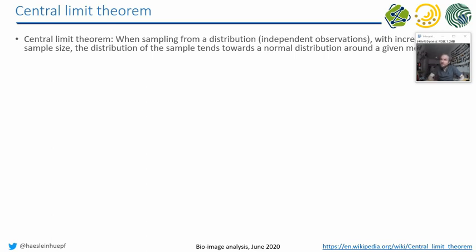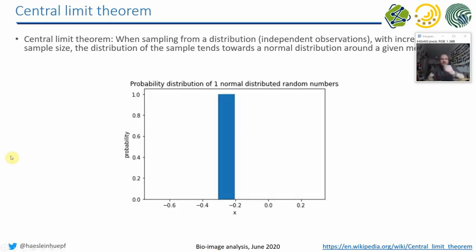The height of people is an independent variable. If we sample from such a distribution, for example a population of people out on the street, we can assume that the more people we measure, the more samples we derive from our population, the mean of the samples will go towards the mean of the population at some point. So let's start with one sample. I have here one sample of normally distributed numbers, and it was something like minus 0.3.